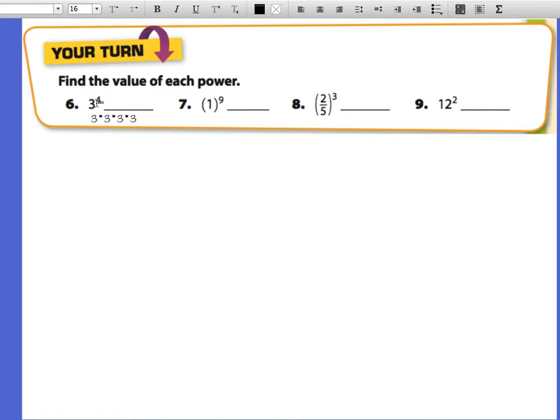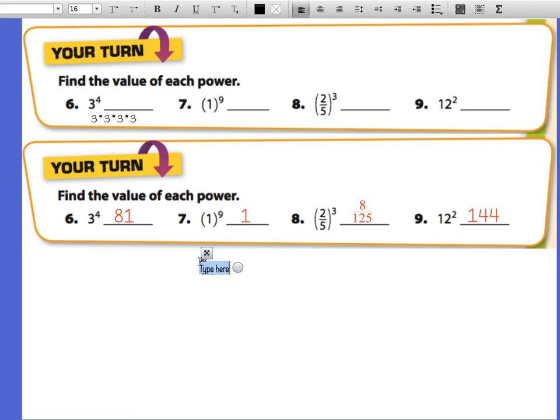And remember, it's not 3 times 4. And 3 times 3 times 3 times 3 is not 12. Because 3 times 3 is 9, 9 times 3 is 27, and then 27 times 3 is 81. So 3 to the 4th power is actually 81. All right, so take a minute and pause. And then when you come back, we'll go over your answers.